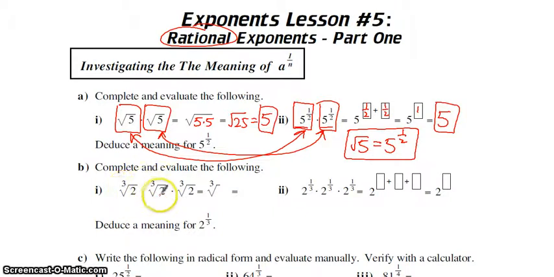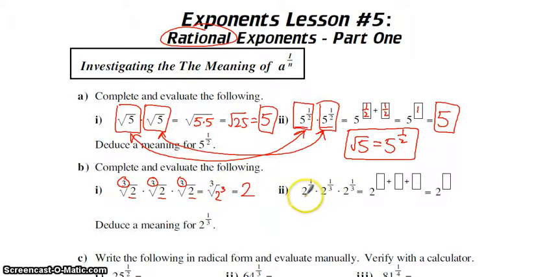Now let's try another one. Cube root of 2 times cube root of 2 times cube root of 2. You multiply three of them together. They have to have the same index in order to combine them. So it becomes the cube root of 2 to the power of 3, so this cancels out and you have a 2.